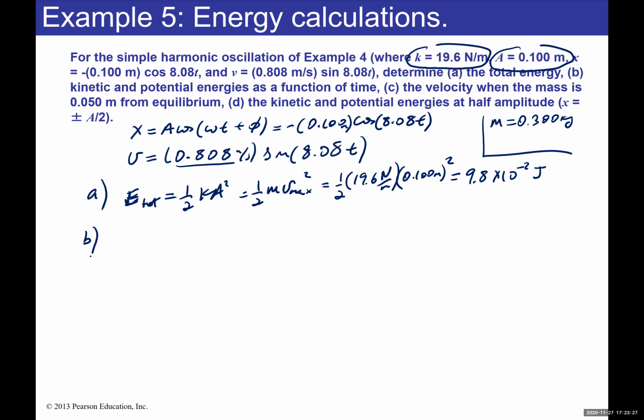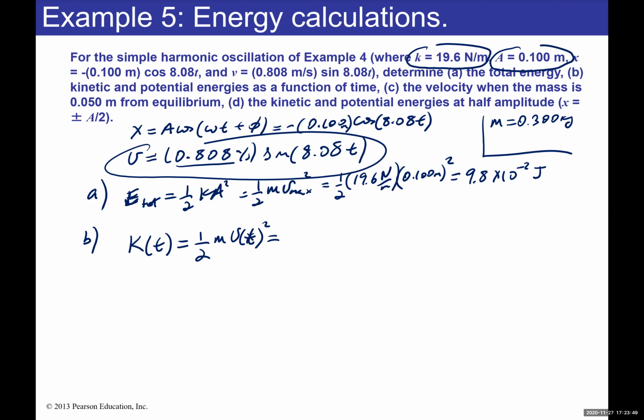Part B says to find the kinetic and potential energy as a function of time. Okay. So I can use this equation, where this is kinetic energy as a function of time, which I showed you a minute ago. It's 1/2 m v of t squared. So basically this equation over here.